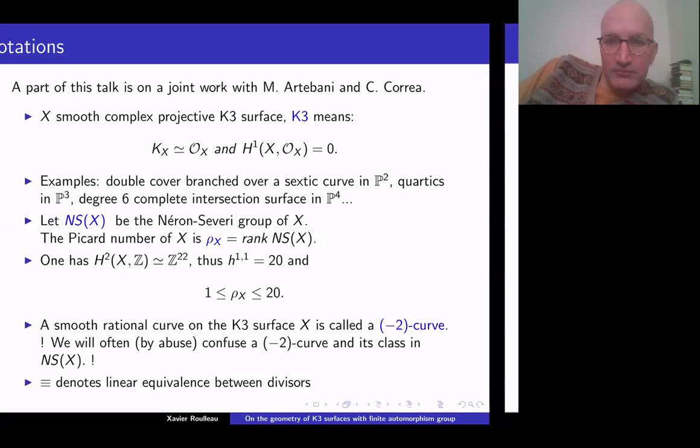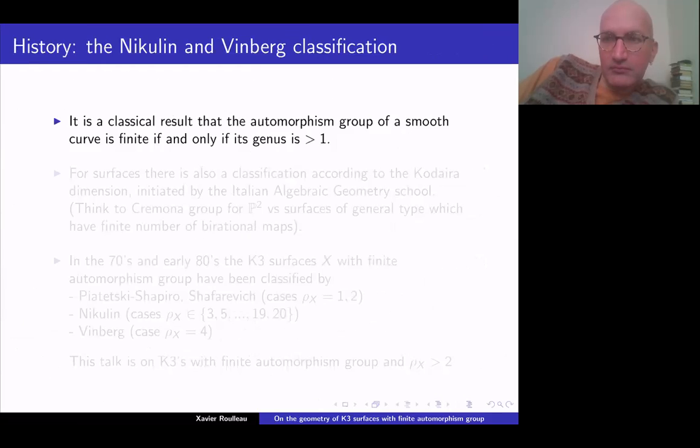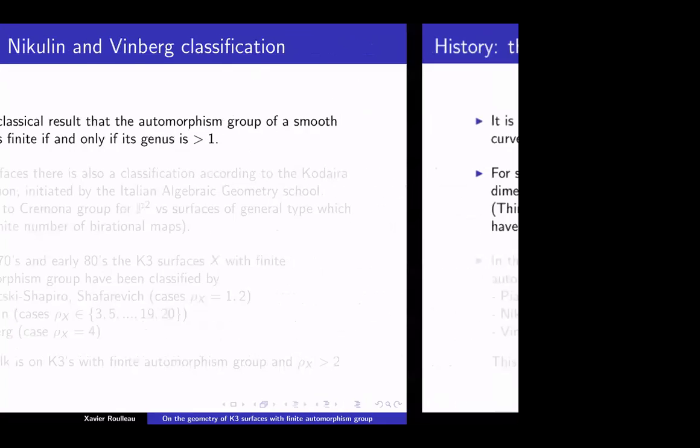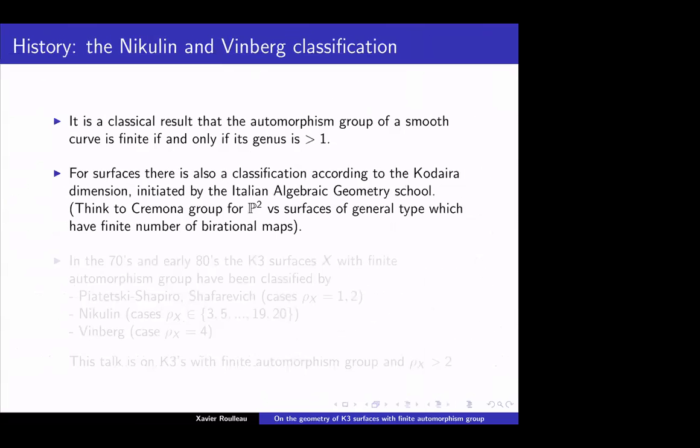So let me recall a bit of the history of the Nikulin-Vinberg classification. You all know that a smooth curve has a finite automorphism group if and only if the genus is strictly bigger than 1. For K3 surfaces, there is an analogous classification that started from the Italian algebraic geometry school.